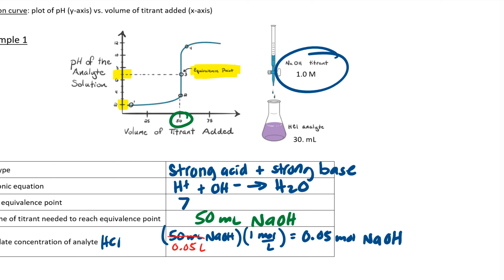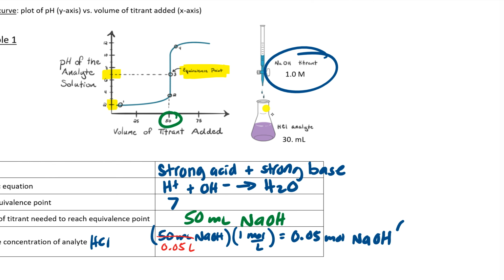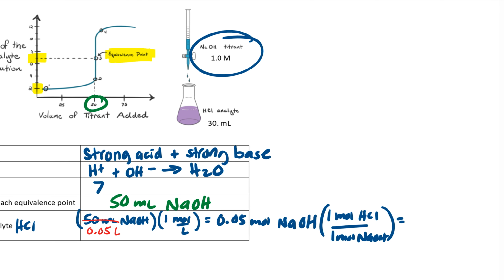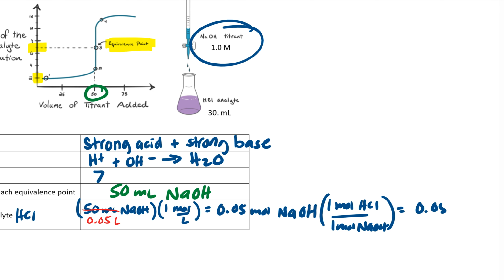And so our 1-to-1 ratio, we can say 1 mole of HCl for every 1 mole of sodium hydroxide. Makes my math so much easier. That's 0.05 moles of HCl.